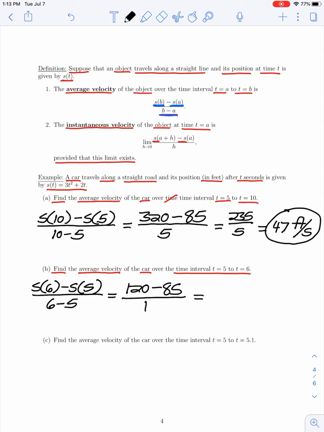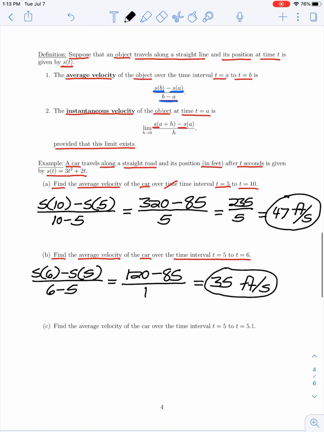So we're left with 120 minus 85, which is 35 feet per second. So the average velocity of our car between time 5 and 6 seconds would be 35 feet per second.